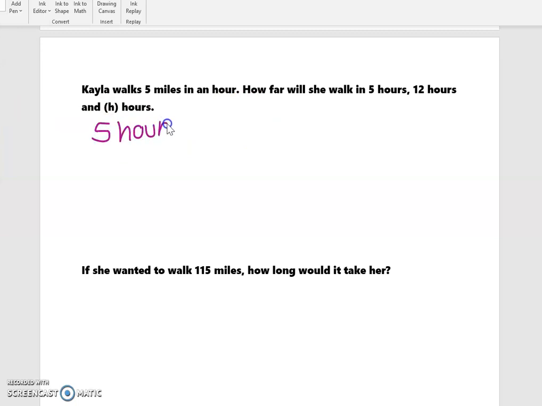If I know she goes 5 in 1 hour, to figure out how much she goes in 5, I would do 5 times 5, which is 25. How far does she go in 12? Again, if we know she does 5 in 1, and we go a total of 12, I'm going to take 5 and multiply it by 12. So she goes 60 miles.